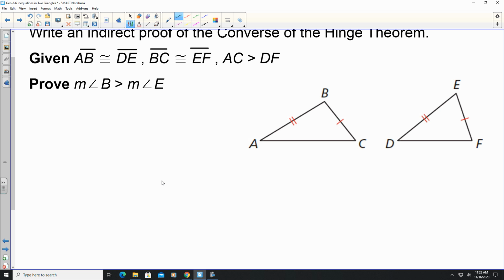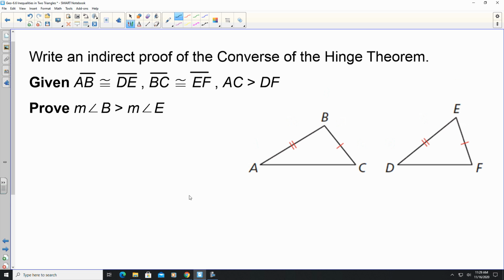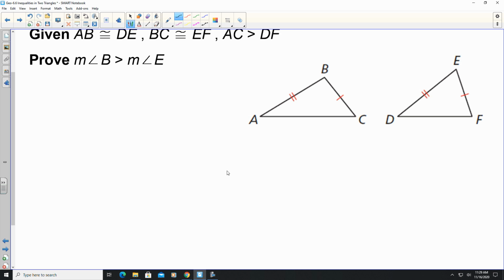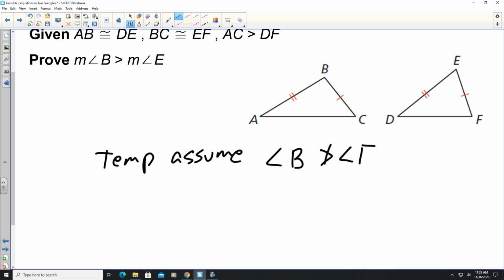They want us to prove that the measurement of angle B is greater than the measurement of angle E. So since they want us to do an indirect proof, what we're going to do first is temporarily assume that angle B is not greater than angle E.